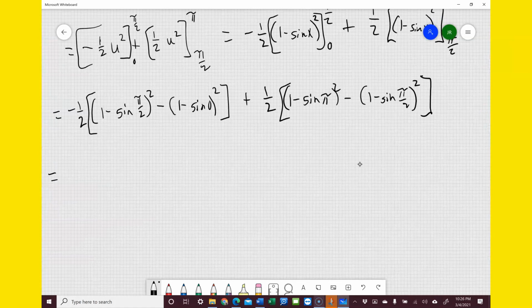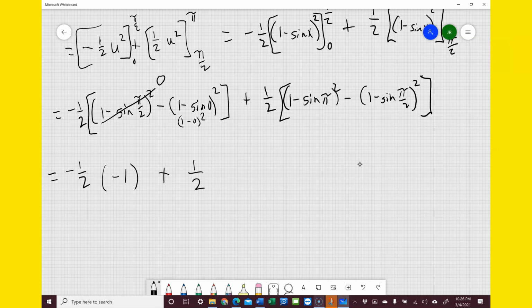Alright, sine of pi over 2 is 1, so that's 1 minus 1, so that becomes 0. Sine of 0 is 0, so that's 1 minus 0 squared, so that's 1. So that's going to be negative 1 for that one. So now plus 1/2. What do we have here?